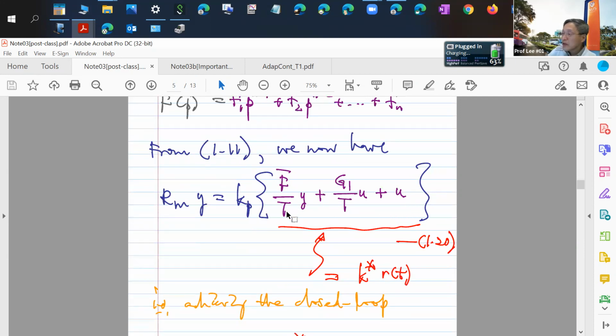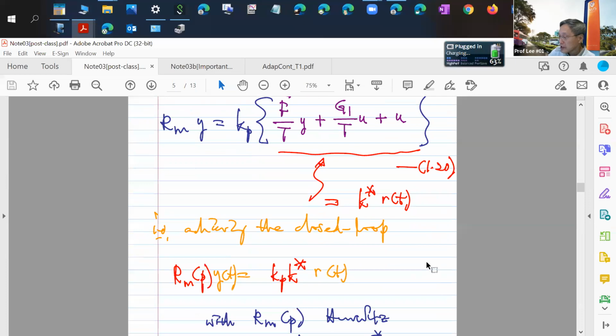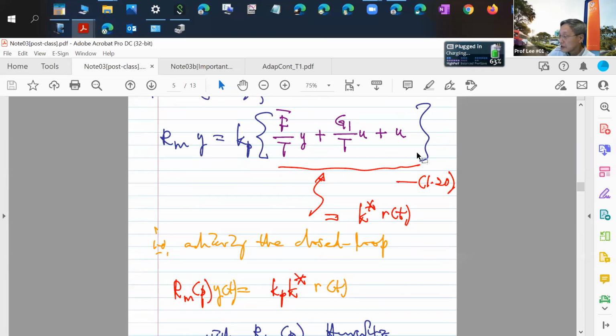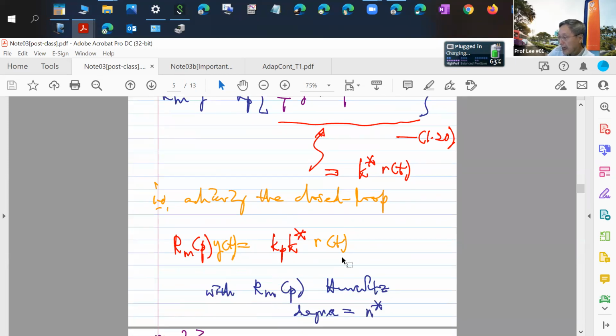Then I say, okay, let me now look at this equivalent one. And I said, look, is there a possibility for me to take whatever is inside here to make it exactly equal to K star R? Because if indeed I can exactly make it equal to K star R, then with all this down here, the equivalent system that results from making this equal to K star R is RMP equals to Y equals to KP K star R. And RM will be something you choose.